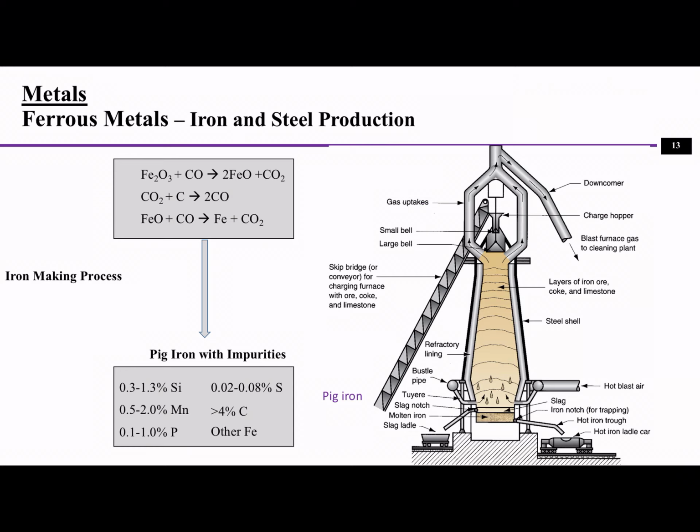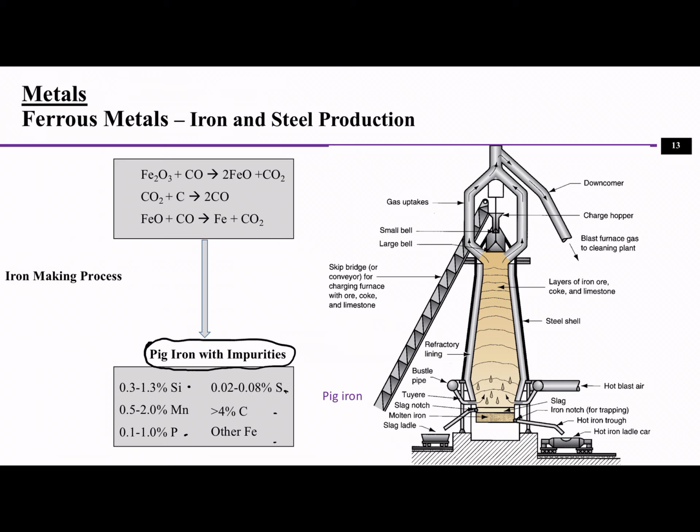Usually it starts with pig iron with some impurities. Impurities can be silicon and also some other elements. And there are some ways to get rid of those elements.